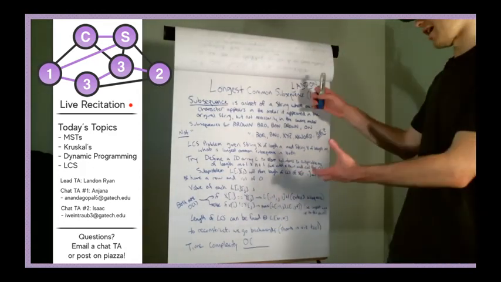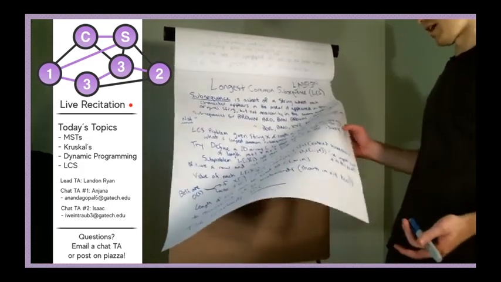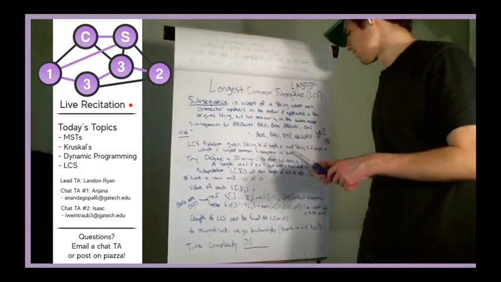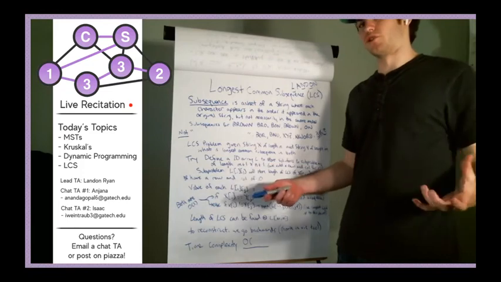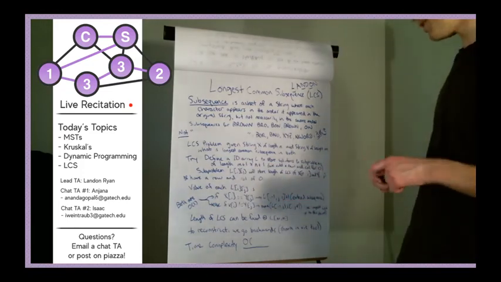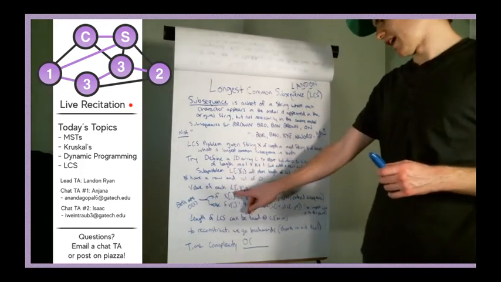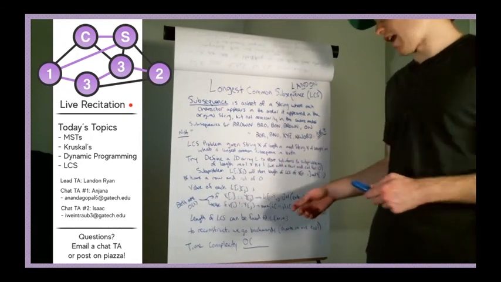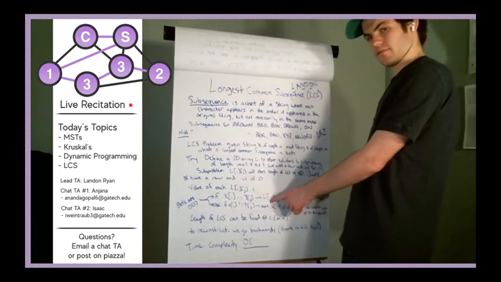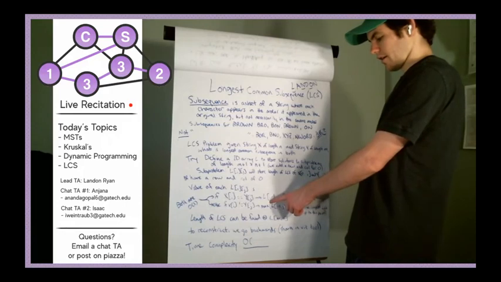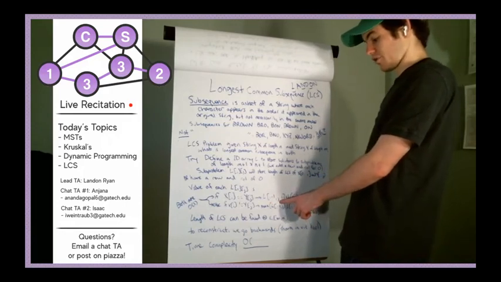Unfortunately, I don't have room, and this is actually the last slide I have on this board, but it'll be better when we see it in the viz tool in a second. What's going to happen here is that if i and j are the same, then I want to take whatever the value was before I considered this letter in string X and before I considered this letter in string Y, right?